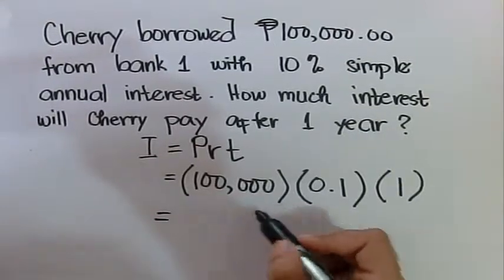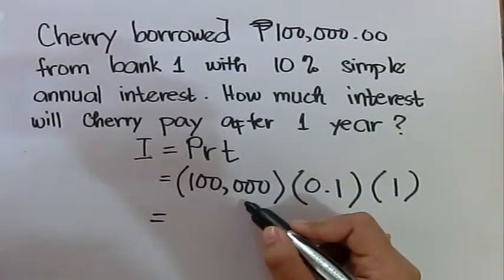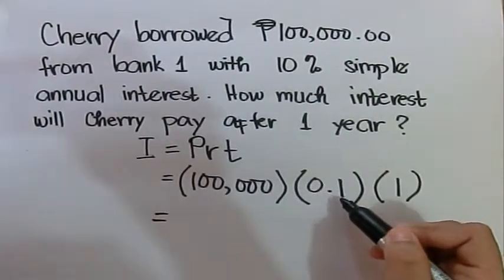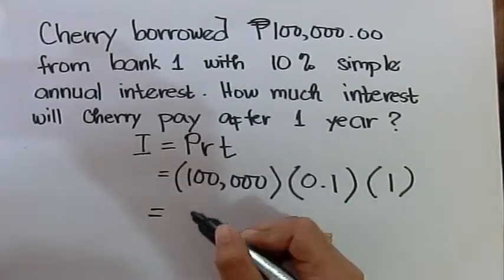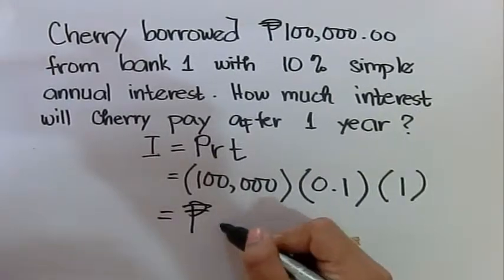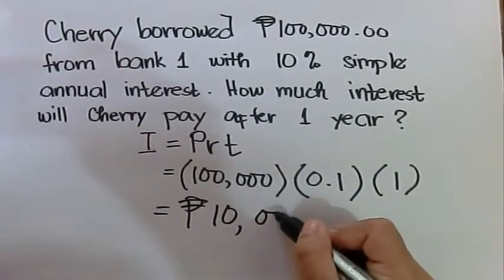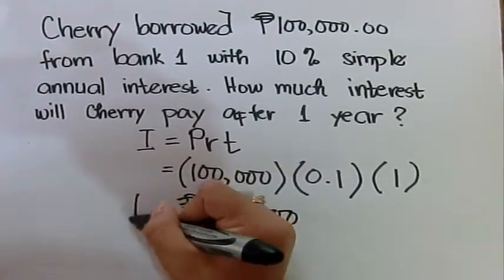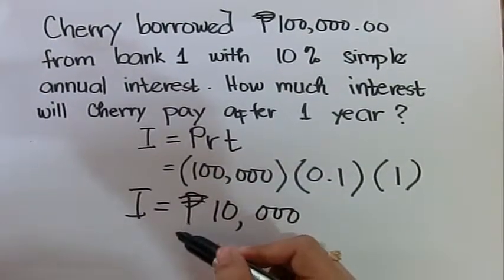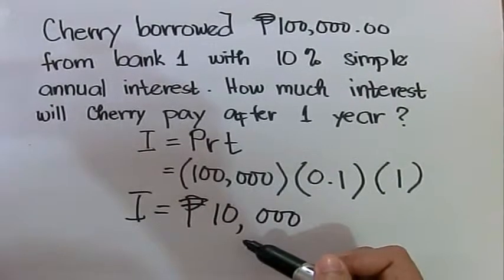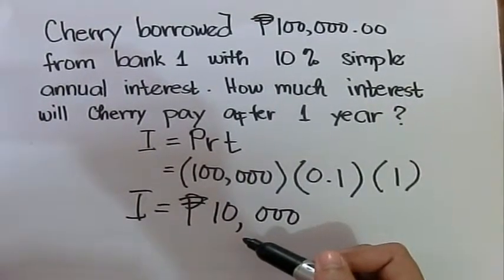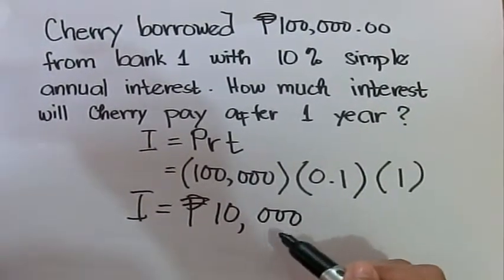And then multiply 100,000 times 0.1 times 1. So the result is 10,000 pesos. This is the interest that Cherry will pay from Bank 1 after 1 year.